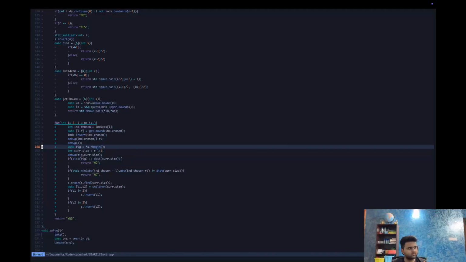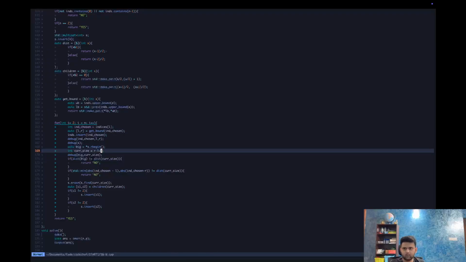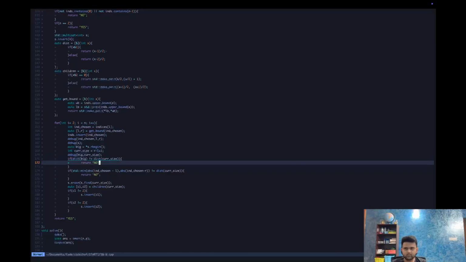The distance function from the length of subarrays to the minimum distance is a monotonically non-decreasing function. So to check if the current distance is optimal, it's good enough to just check if it matches the biggest. First I check what's the biggest right now. Then I look at the current size, which is r minus l plus 1. Then I check if the distance is not equal. If it's not equal, then I'm not choosing the optimal one.